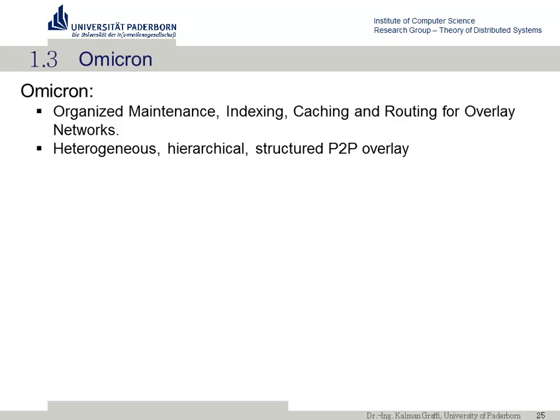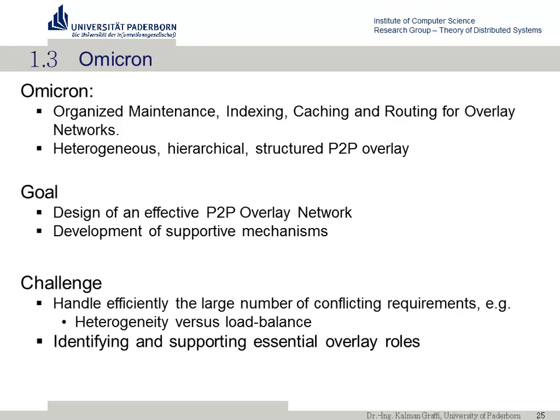The main goal was to integrate all of the nice features that were seen in other P2P overlays. So it should be heterogeneous, so it should take into account the quality of the nodes. It should be structured, so you should still be able to address objects and retrieve them. And hierarchical aspects have also some benefits, as we will see.